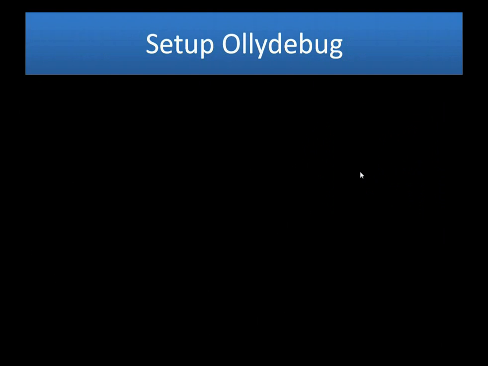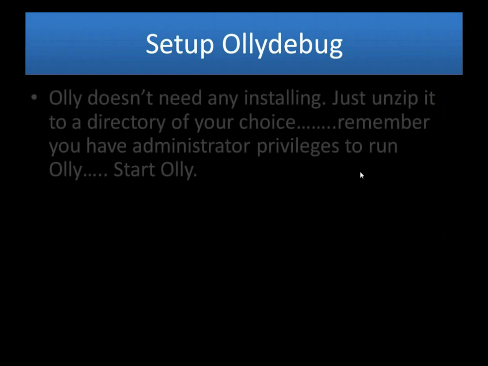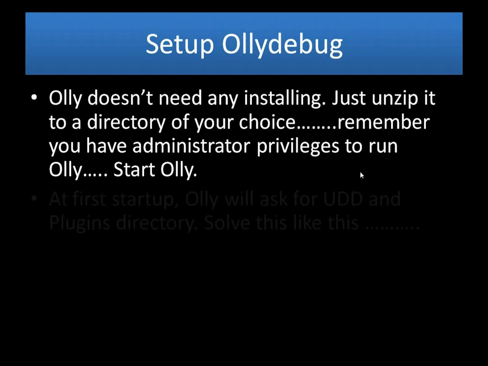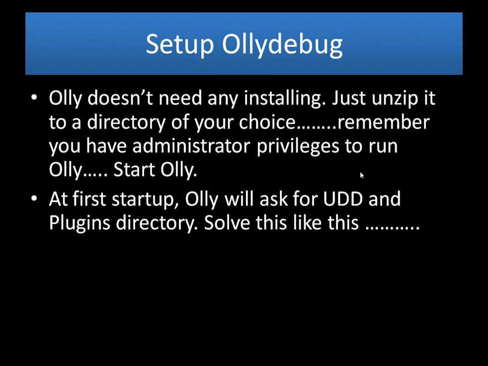Now it's time to set up our OllyDbg. Olly doesn't need any installing; just download it and unzip it to a directory of your choice. Remember, you need administrator privileges to run OllyDbg. After setting up, at the first startup Olly will ask you for the UDD and plugins directory.